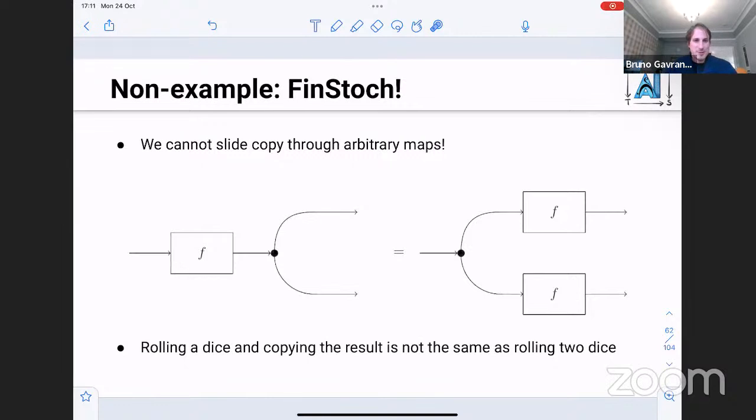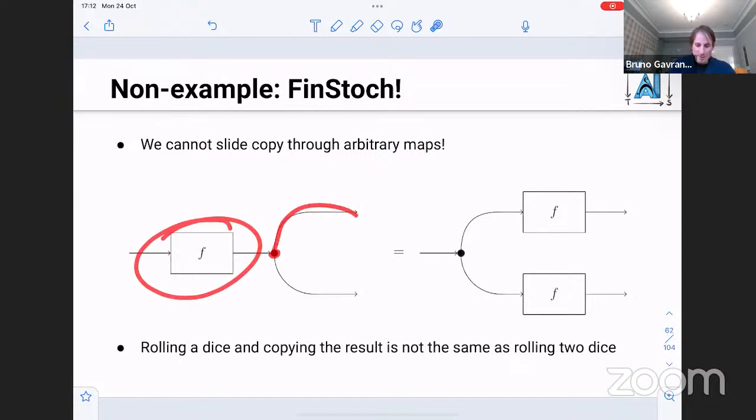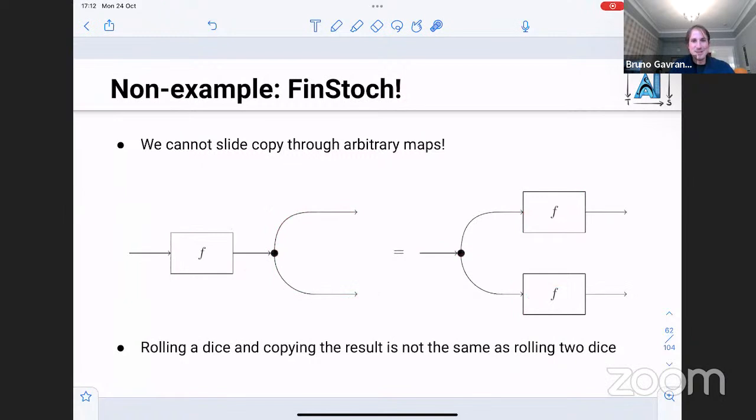The best way to understand what determinism is, is to see what it is not. If you look at the previously mentioned category of Markov kernels, FinStoch, which talks about probabilities, and given every element, we have a probability on its outputs, there's a very simple way to understand it. Rolling a die and then copying the result is not the same as rolling two dice. This is the main idea.